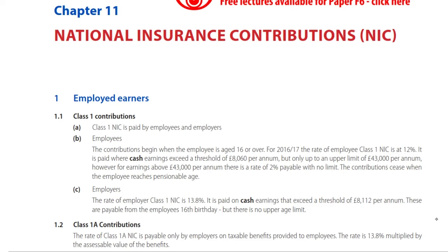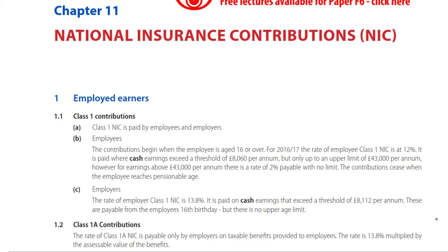Indeed, it was originally created to be paid by workers and employers to fund various state benefits. Long gone, of course, since then. It now goes into the general coffers of the government for them to spend on whatever they deem fit. But what we've got to know is who pays national insurance contributions, what types of national insurance contribution, and how we calculate them.